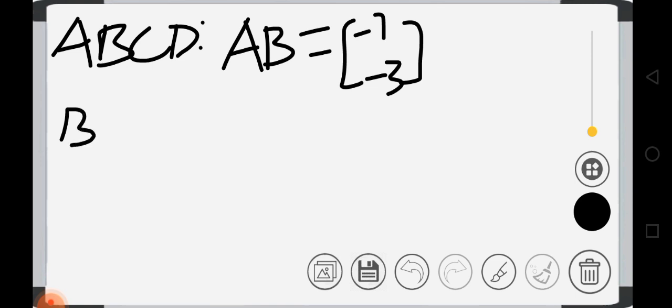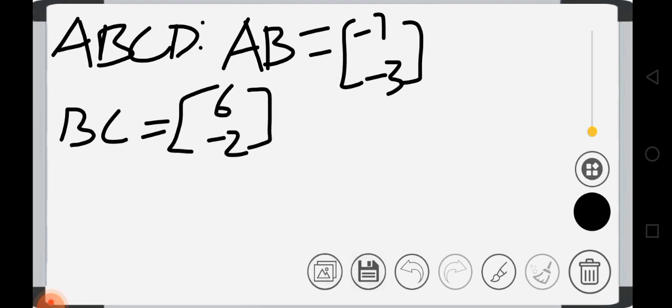BC is equal to 6, minus 2. Find the vector AC.